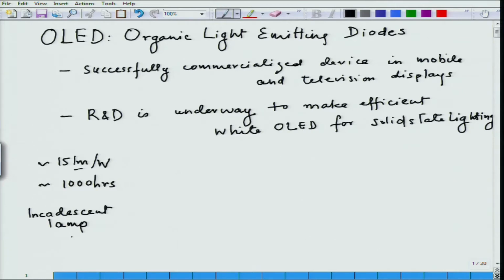The next improvement in lighting products was the tube light. This had substantially higher efficiency, 18 lumens per watt, and the lifetime was comparatively improved, about 10,000 hours.